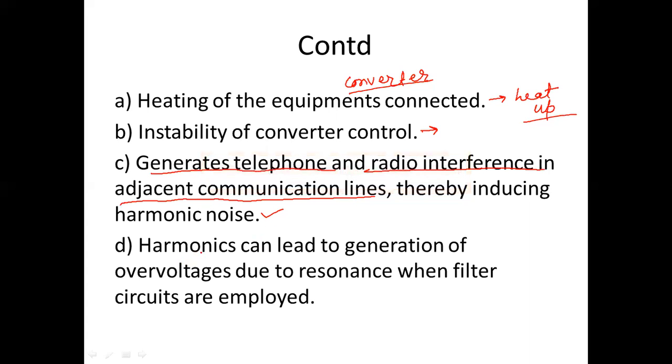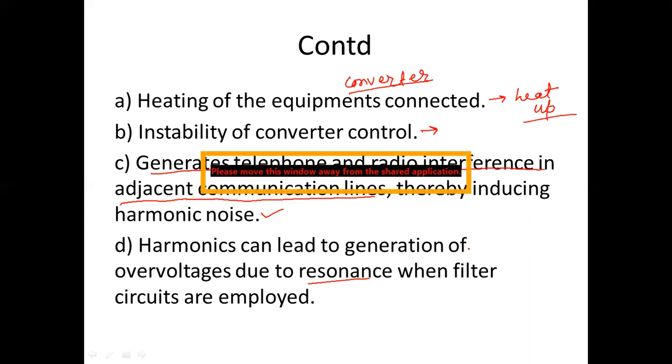Another adverse effect is that harmonics can lead to generation of overvoltage due to resonance when filter circuits are employed. Harmonics can generate resonance, and this resonance will create a lot of current in the system. Resonance occurs when inductive reactance is equal to capacitive reactance.